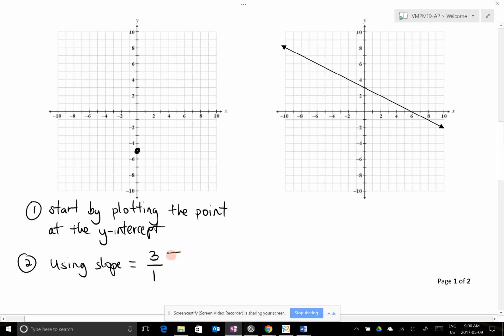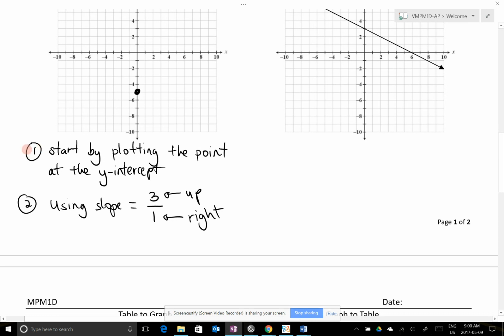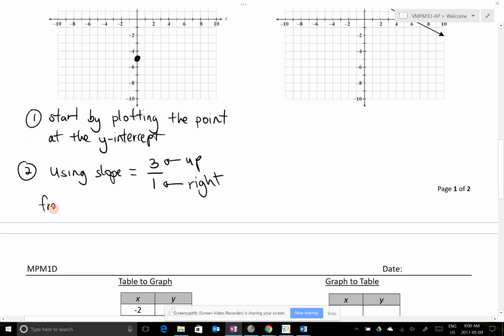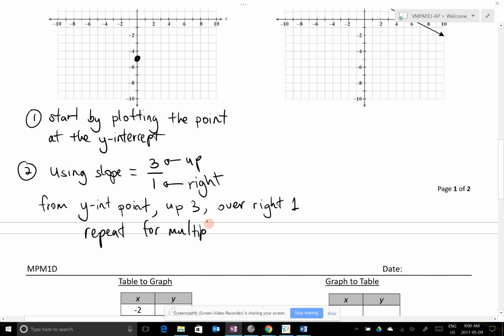A positive value means we go up, and a positive value in the denominator means we go to the right. So from the y-intercept point, we go up 3 and right 1, and then you repeat for multiple points.